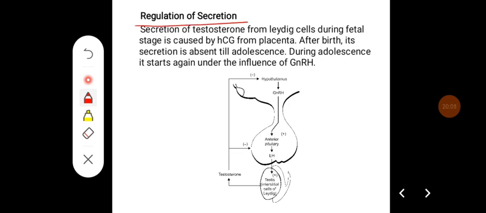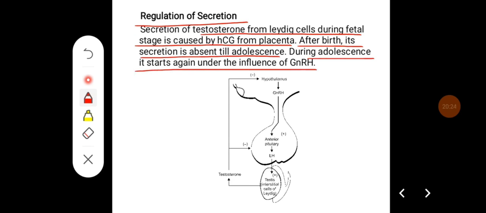Coming to the regulation of secretion of testosterone. Secretion of testosterone from Leydig cells during the fetal stage is caused by human chorionic gonadotropin from the placenta. After birth, its secretion is absent till adolescence, and during adolescence it starts again under the influence of gonadotropin releasing hormone.